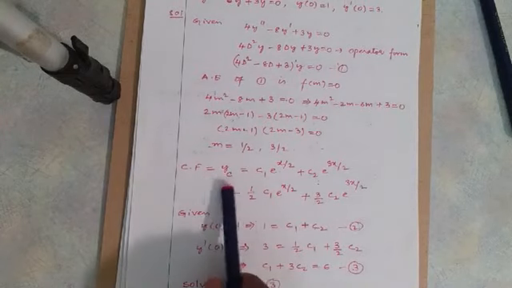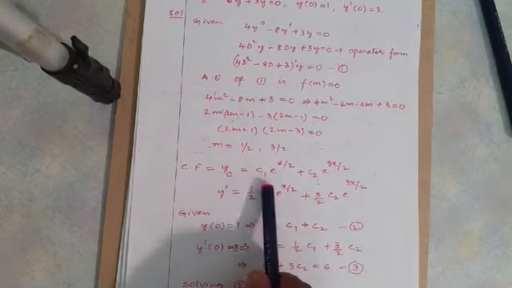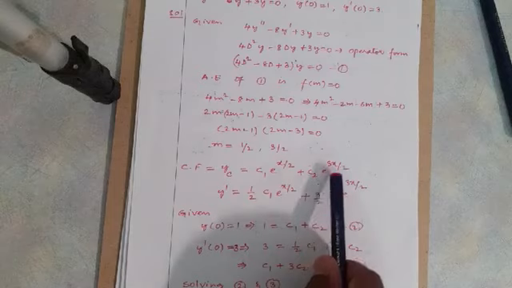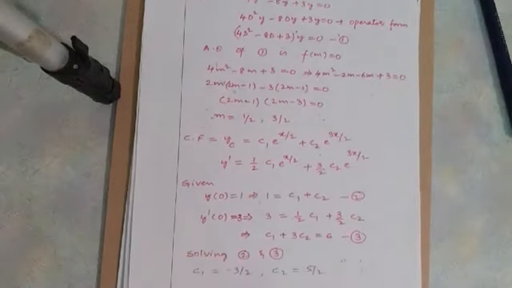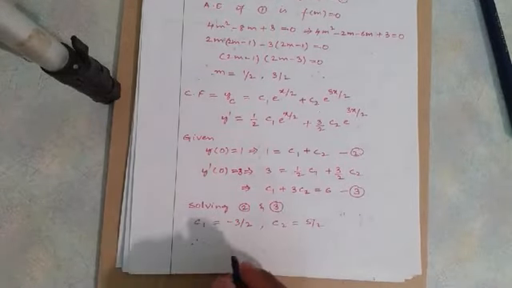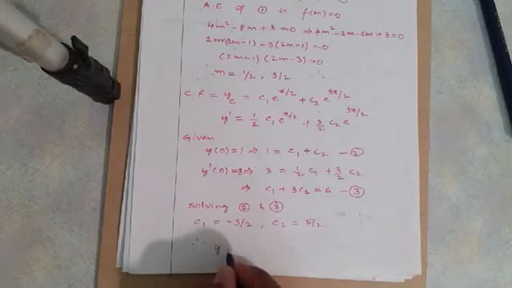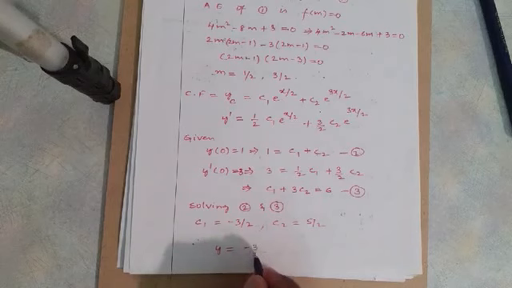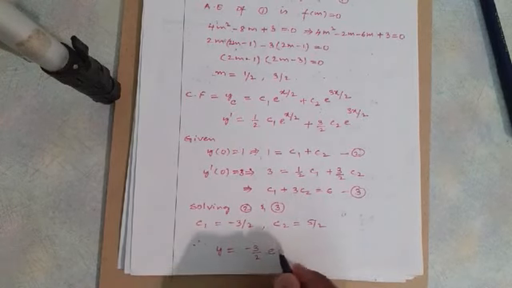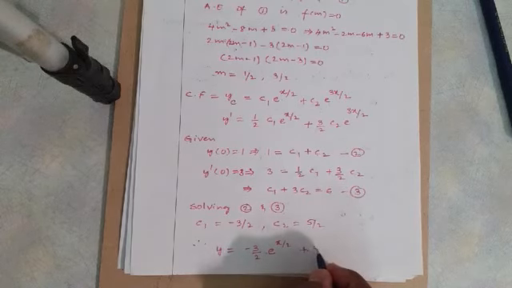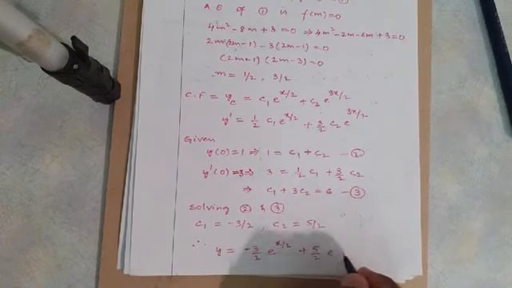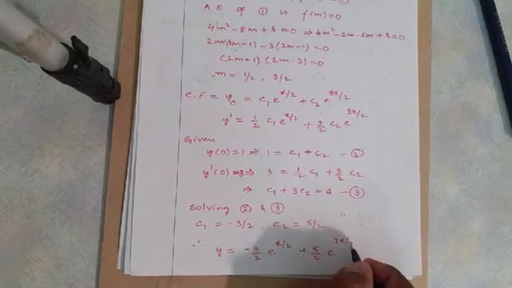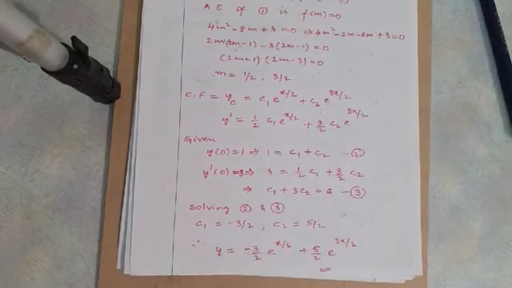What is the complementary function you got? yc = c1 e^(x/2) + c2 e^(3x/2), right? So in that we substitute the c1 and c2 values. So this becomes y = (−3/2) e^(x/2) + (5/2) e^(3x/2). So this is the solution for this problem, that is the fifth problem.